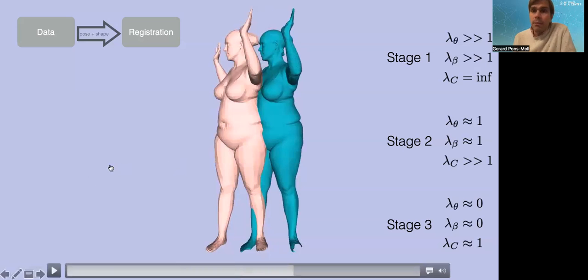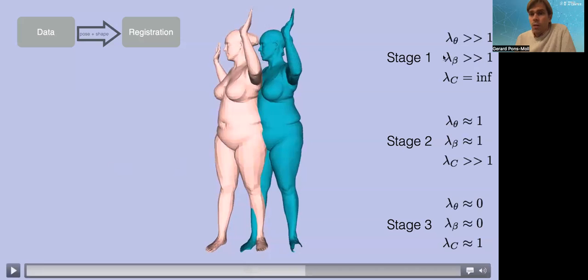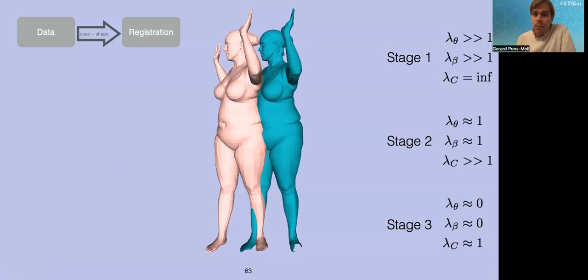So what you could do, for example, is start with very strong priors for the pose and shape to keep things safe, and have a coupling weight that is really, really large. What is this doing? This is making the registration look almost like the model. It's like doing simple fitting to scans.